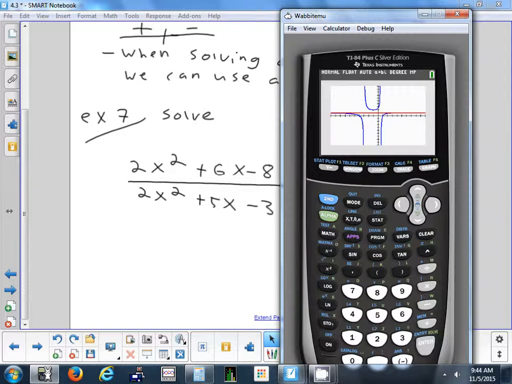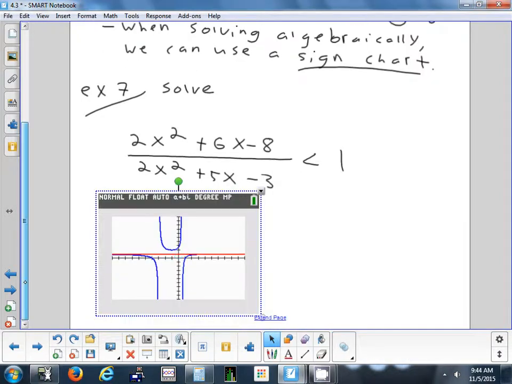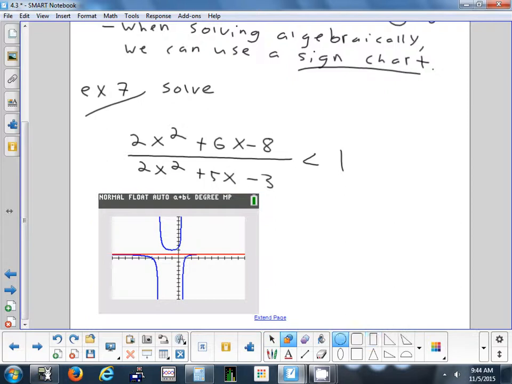But it looks like in each section here, the left section and the right section, the graph in blue is below. What I'm going to do is just zoom in a little bit. Let's focus on that part there and just see if it crosses. I don't think it does, but zooming in will show me that.